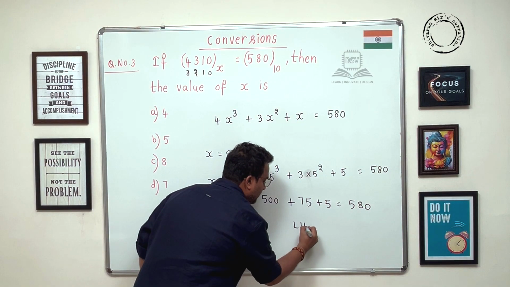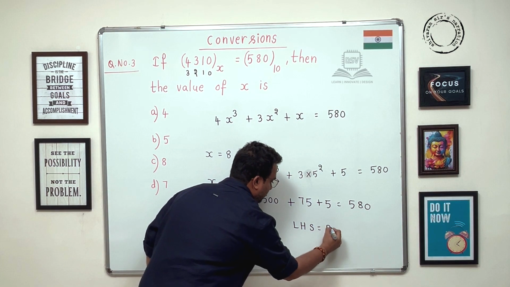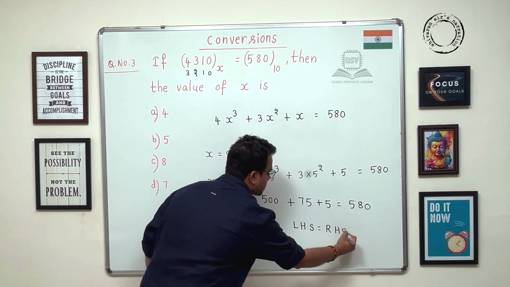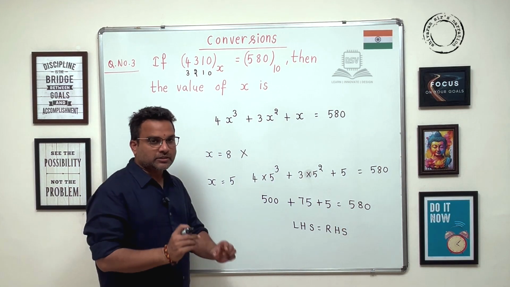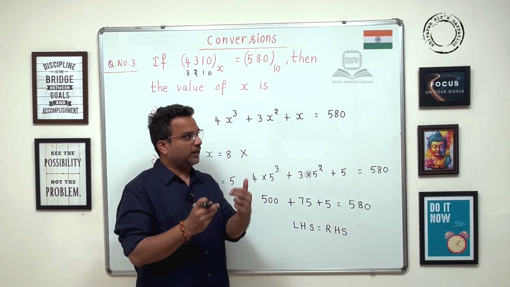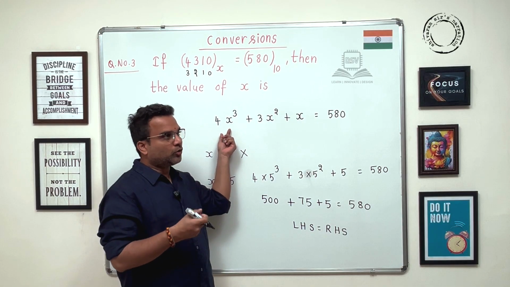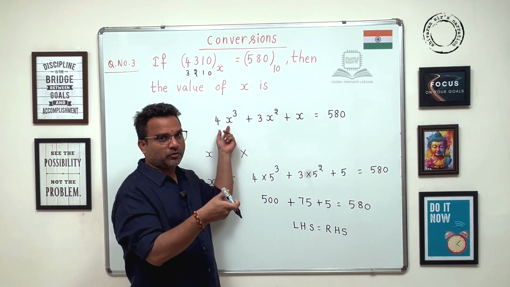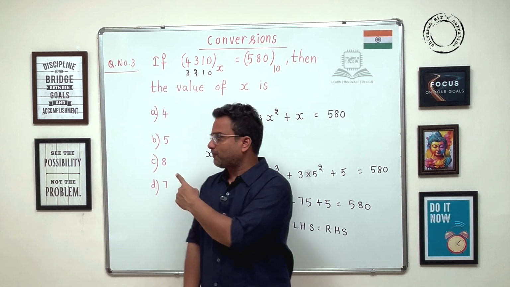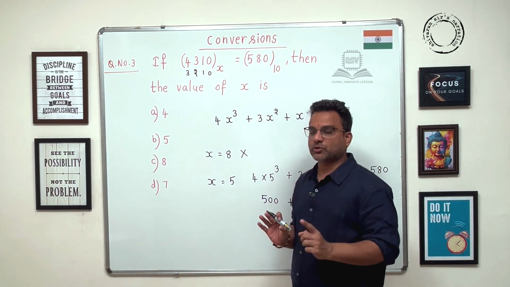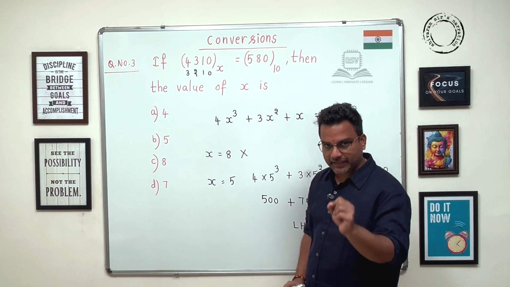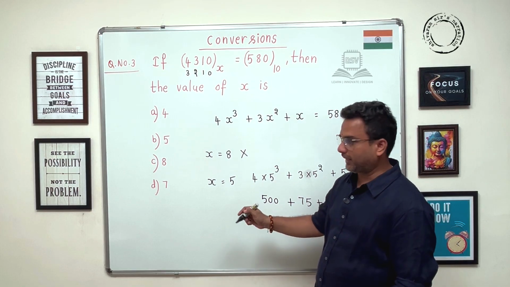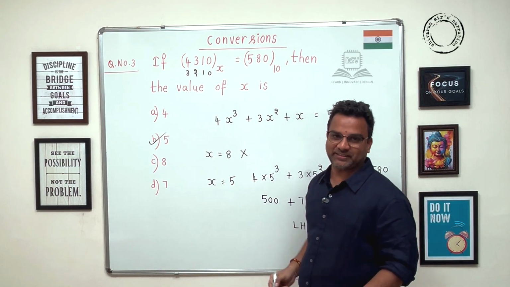Therefore, whenever x is equal to 5, LHS is equal to RHS. So instead of calculating the roots and running behind expressions whose values are of power 4, it's better to try from the options. So as per the question, the right answer is x equal to 5, option B.